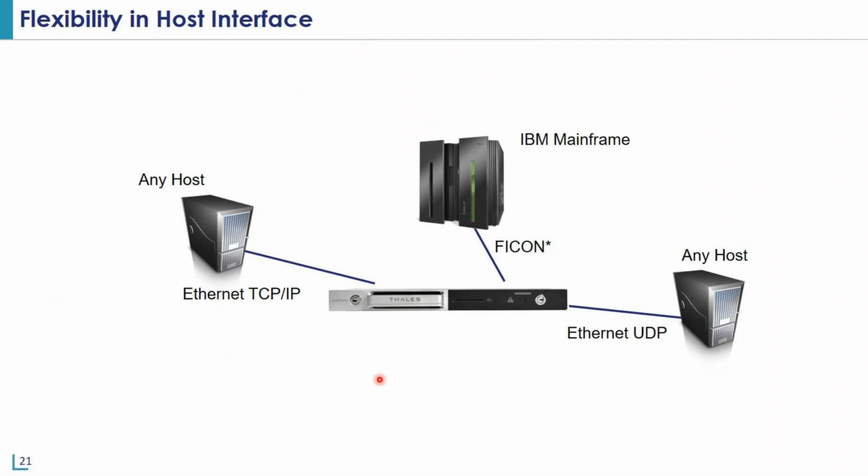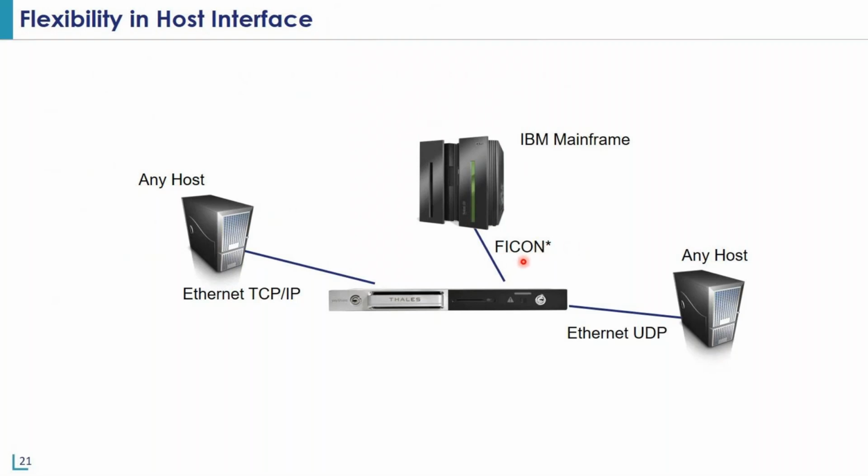So how exactly can your PayShield 10K serve your host applications? It can serve either via TCP/IP or via UDP. If you have payment applications on IBM mainframe, then we have a separate hardware for that. We call it FICON, fiber connection.